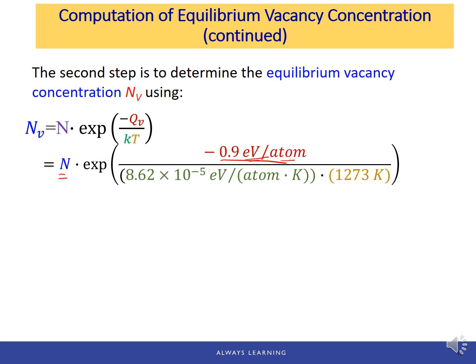Based on this, we need to choose the corresponding unit for Boltzmann's constant, so we should use electron volt per atom per Kelvin. This constant is 8.62 times 10 to the negative 5. Temperature, remember we should not use temperature in centigrade.